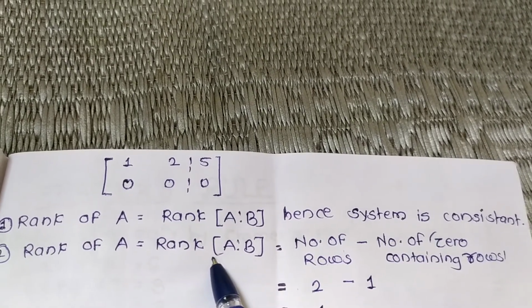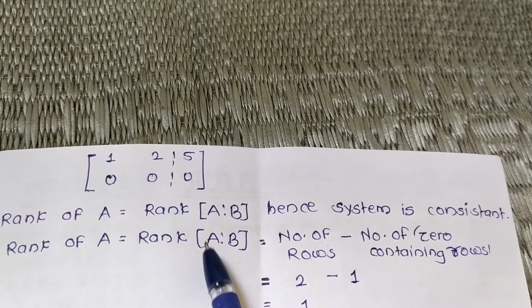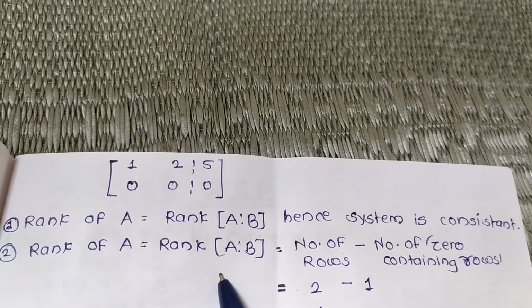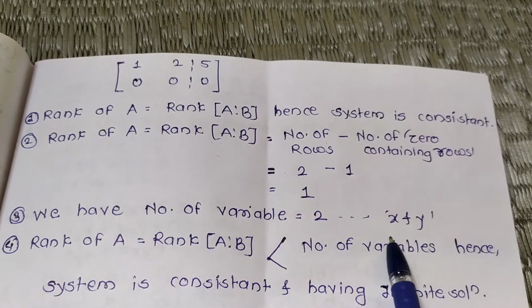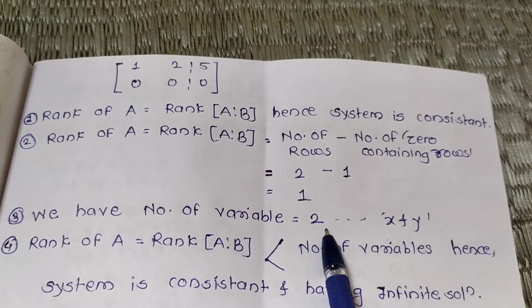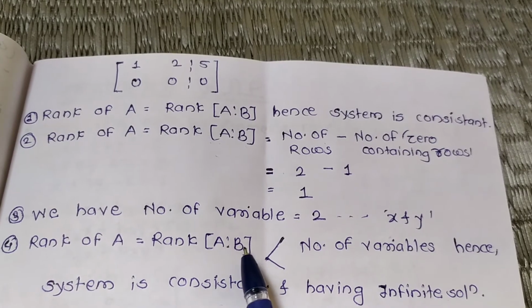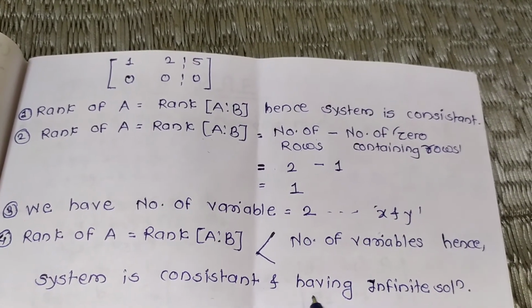But we have 2 variables, x and y. The rank of A, equal to the rank of the augmented matrix, is less than the number of variables, and the system is consistent and has infinite solutions.